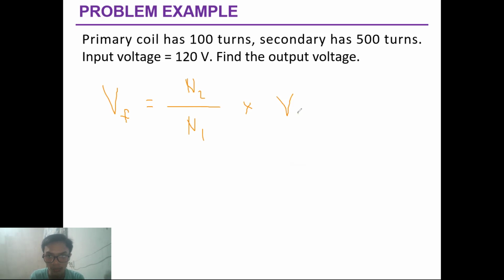This is the input voltage, or initial voltage.